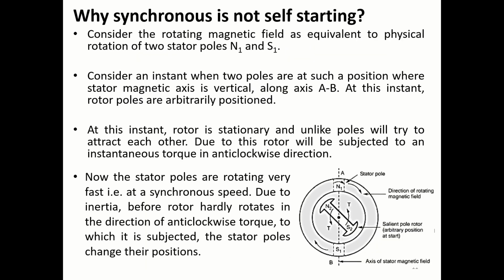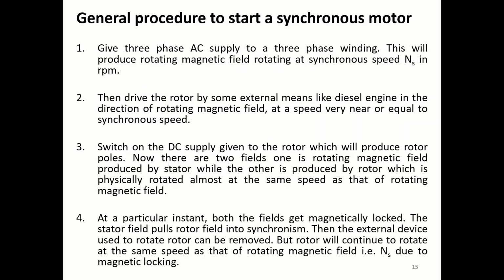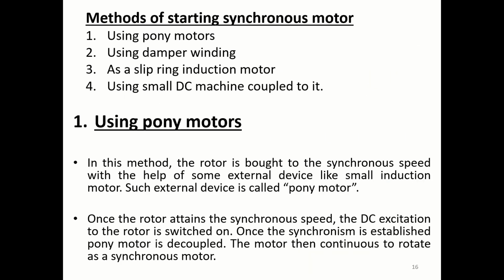To overcome this, we can use a pony motor. A pony motor is a small external device or induction motor which can be fitted to the rotor, and initially the rotor is rotated with the help of the pony motor.